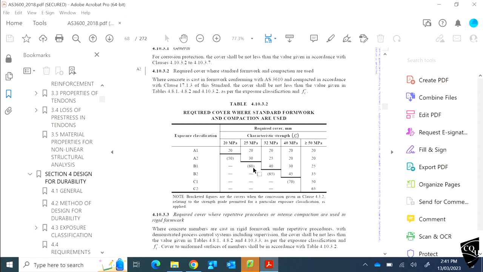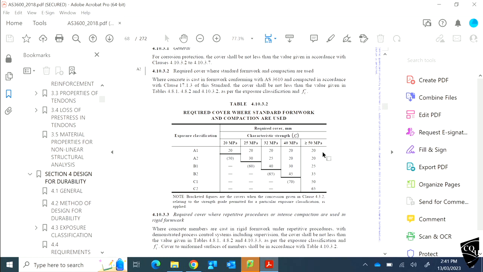If you still want to use it, you need to provide quite large cover. You can see the increase below that line, from here to here 15, here 25. So quite a significant increase. For example, if it is C2, you should have more than 50 MPa concrete.